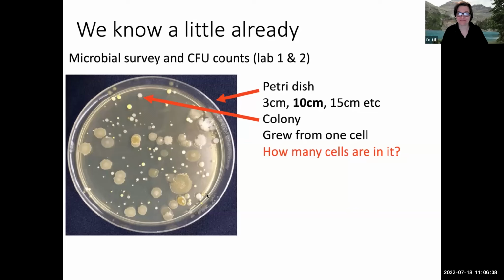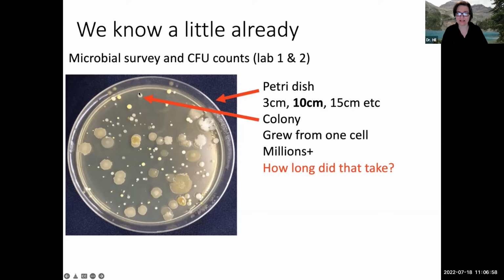Great. So roughly millions or hundreds of millions or billions are in here. Okay, this one little dot has a lot of cells in it. Now, how long did it take that one cell to produce millions of cells?